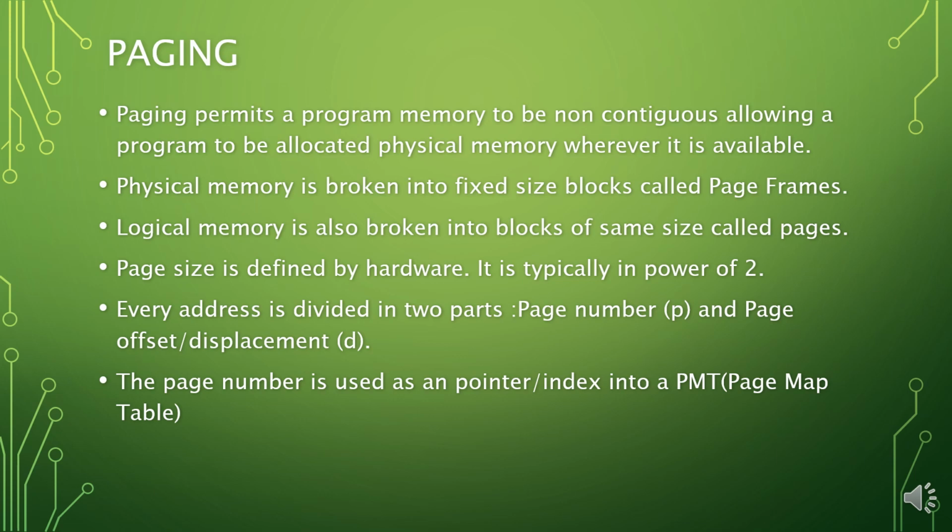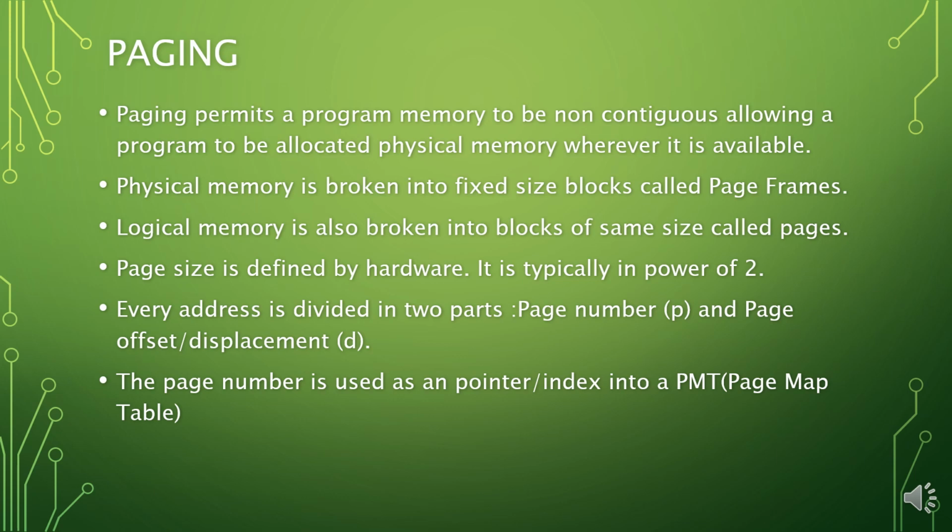So physical memory is the actual memory, which is RAM, and logical memory, that is pages, is your process. When a program is to be executed, its pages are loaded into any available frames, and the page map table defines the translation from user page to memory frames. The page size is defined by hardware. It is typically a power of 2.